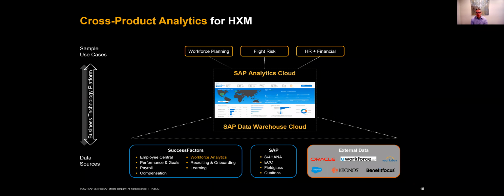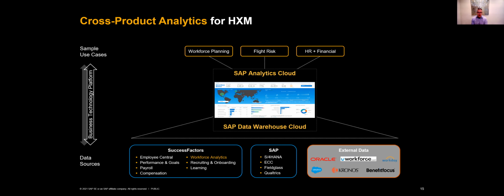So another example is HXM, Human Experience Management. Because we're tying in experience data into this, that's why we refer to it as Human Experience Management. But the same rule applies to what we just talked about with customer experience. We're leveraging Data Warehouse Cloud to tie different areas of SuccessFactors and other SAP applications.